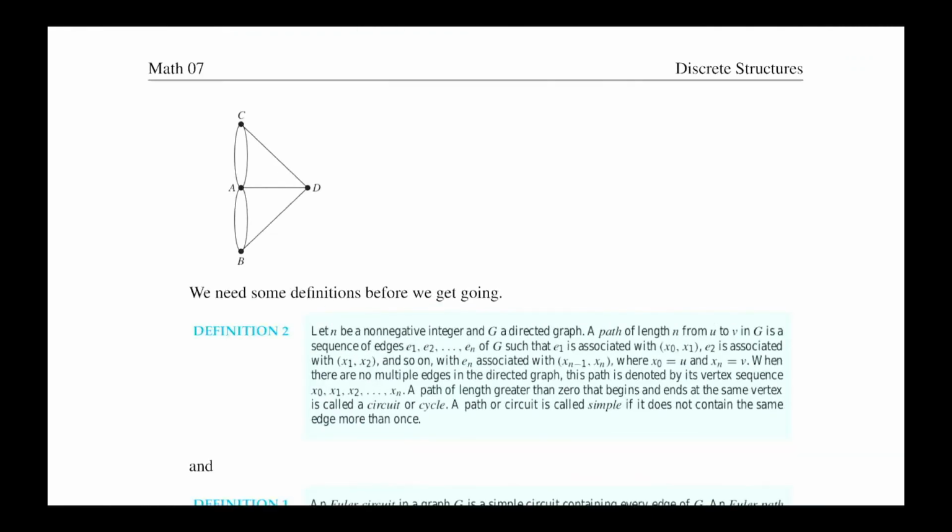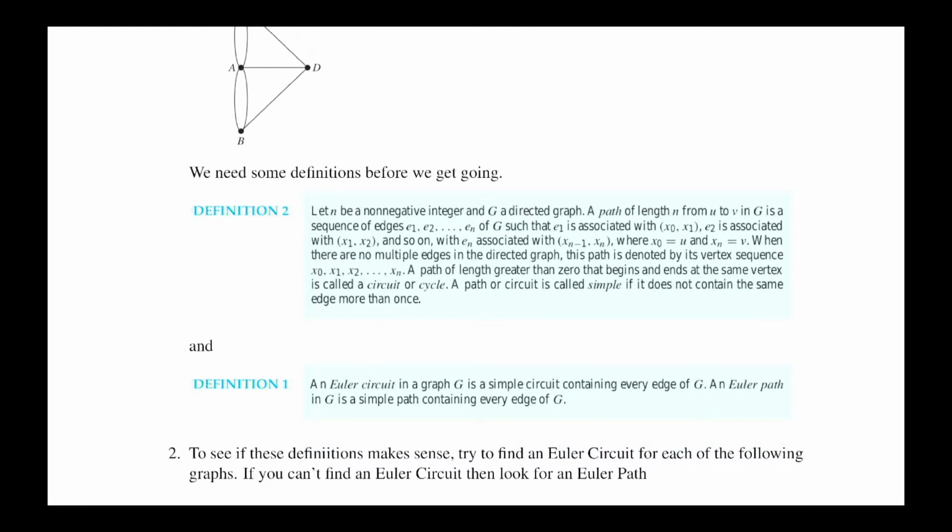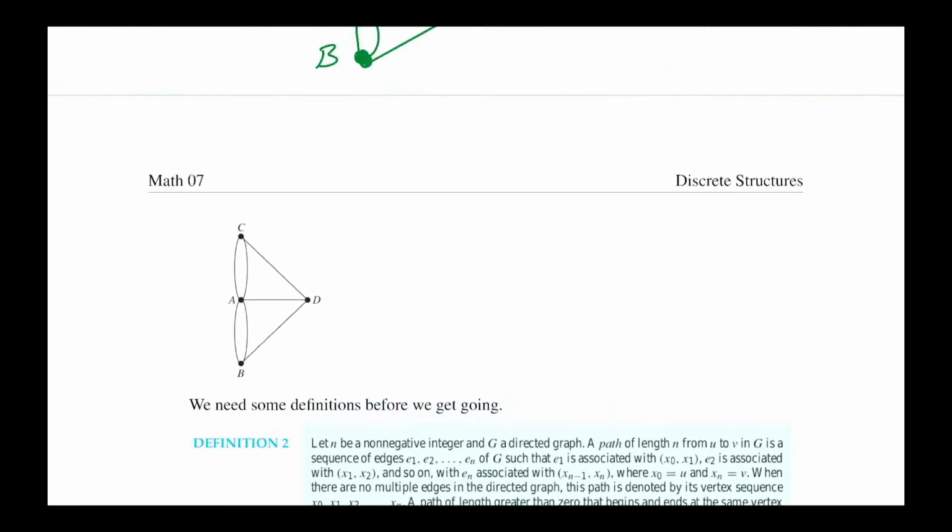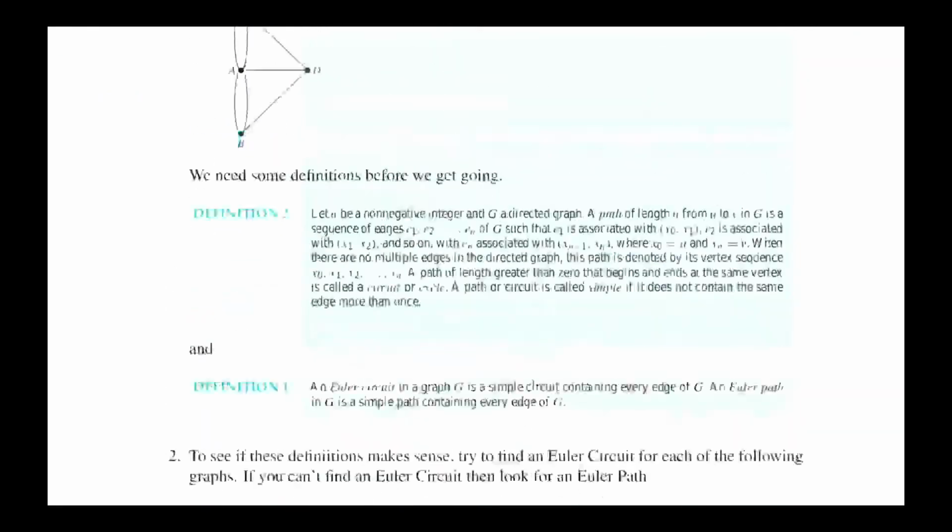And then we can actually talk about an Euler circuit, because that's what we're going to be solving this problem with. So the definition is down here, but I'll say it up here.